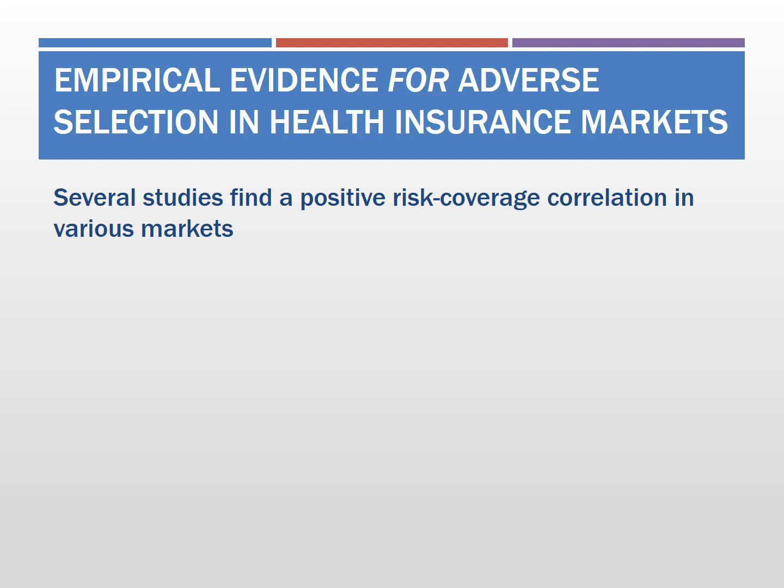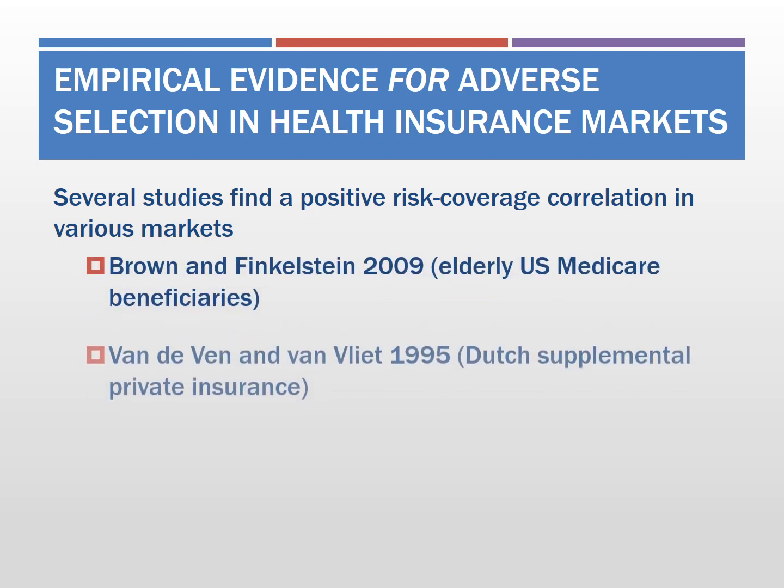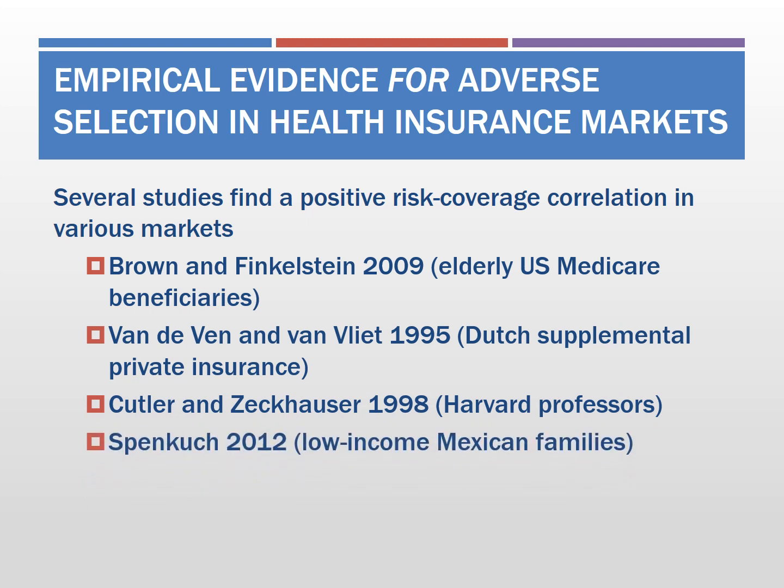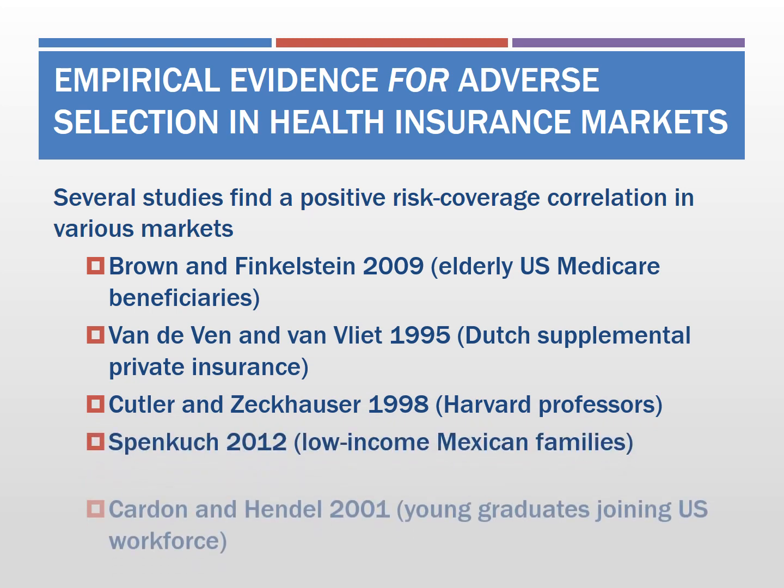And we are not just getting an average number of how people buy insurance. Indeed, this correlation has been found in many different markets. Several studies confirm the first of the three predictions in many different health insurance markets.